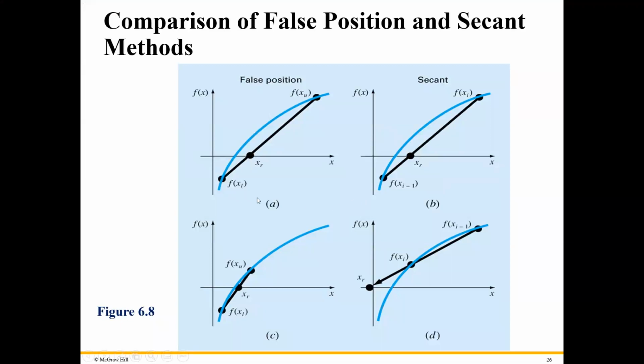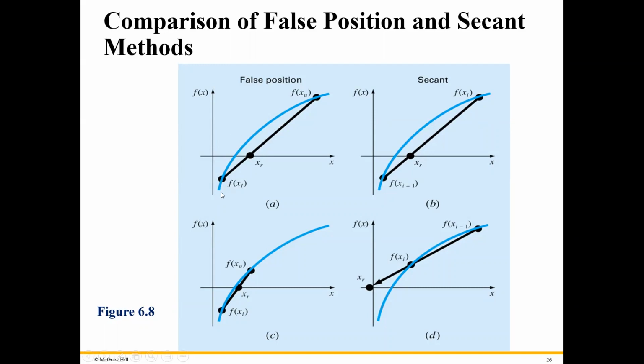So this is illustrated by this diagram. The difference between the false position and the secant method is illustrated in this diagram. You can see that this is the first iteration and this is the second iteration. The first iteration for the false position and the secant method will produce exactly the same results.